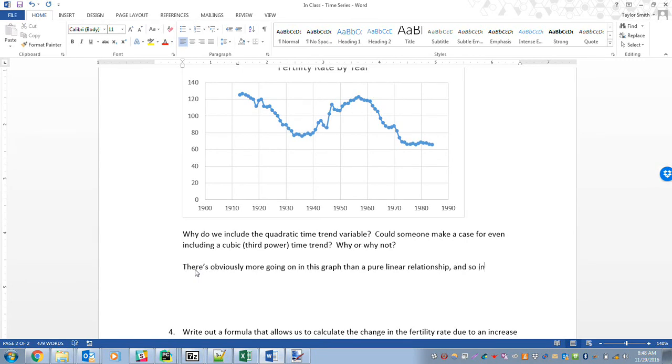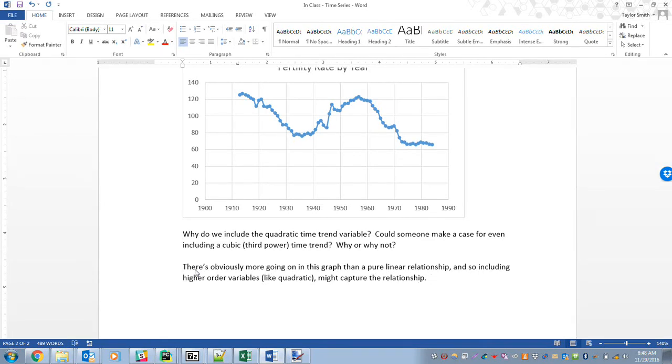And so including higher order variables like quadratic, it's spelled quadratic, might capture the change, or might capture the relationship.